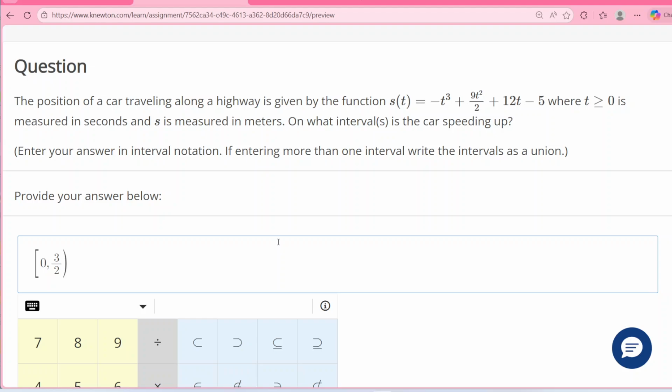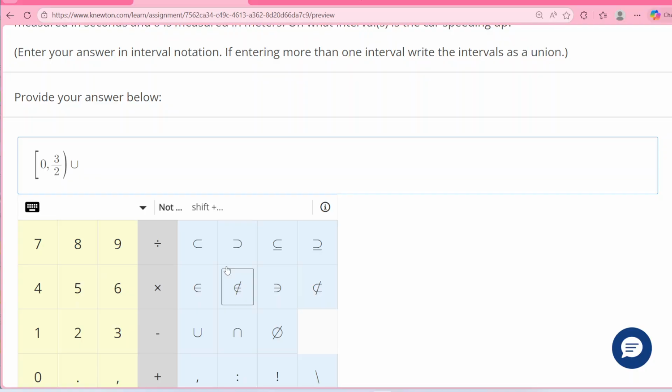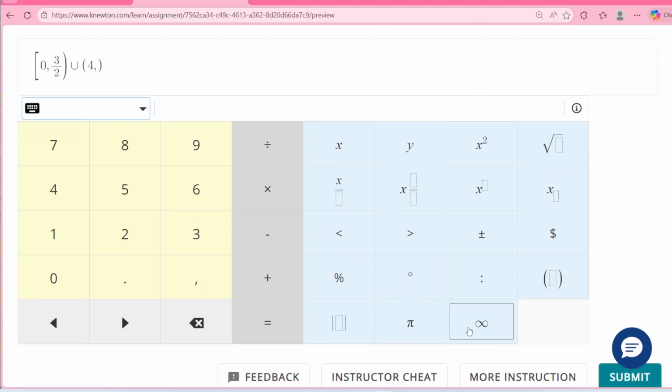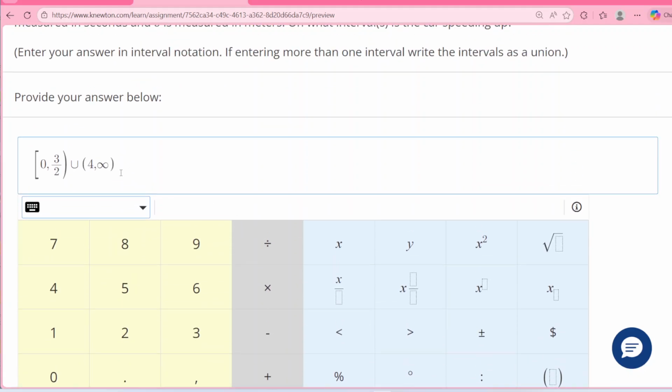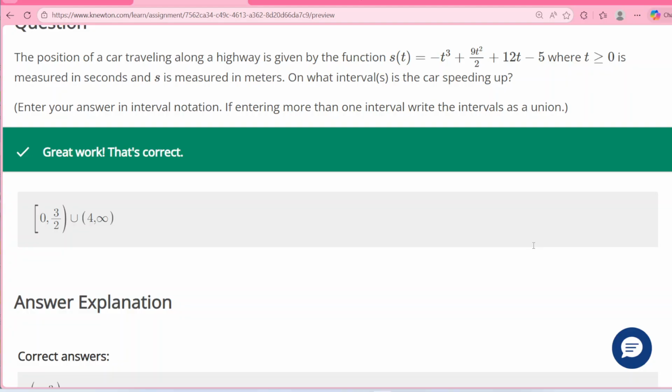Then that union symbol, which I'm seeing here, and then parentheses, from 4 seconds onward, 4, comma, and then go to the basic keyboard to find infinity. And then the parentheses are already there on infinity. That's great. So anytime the velocity and acceleration have the same sign, you are speeding up.